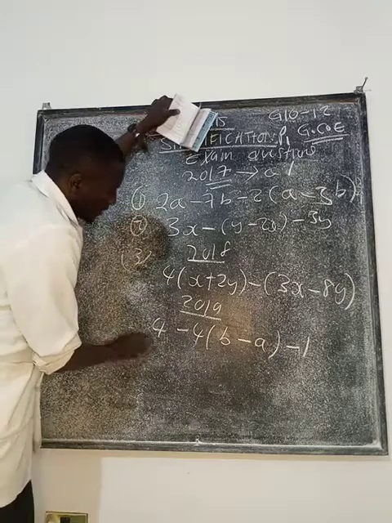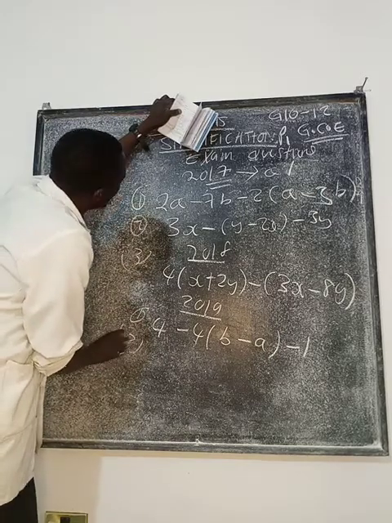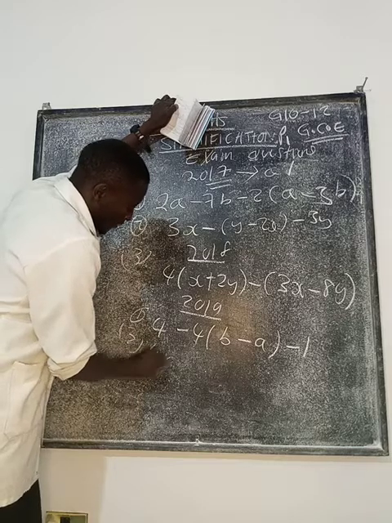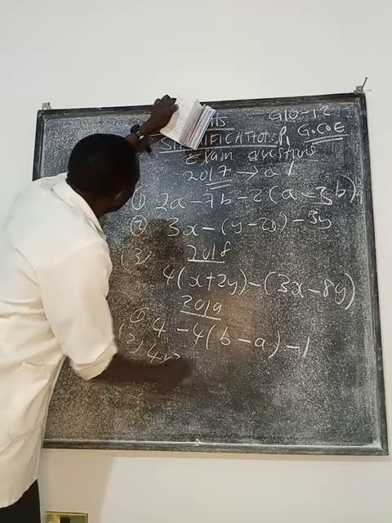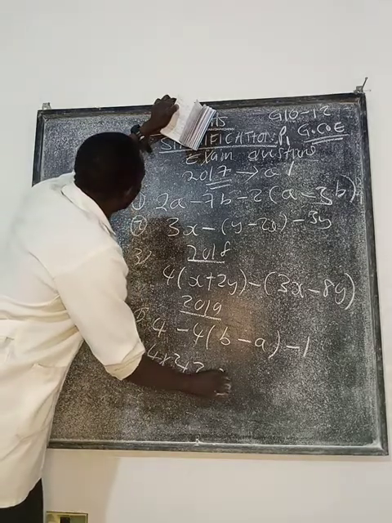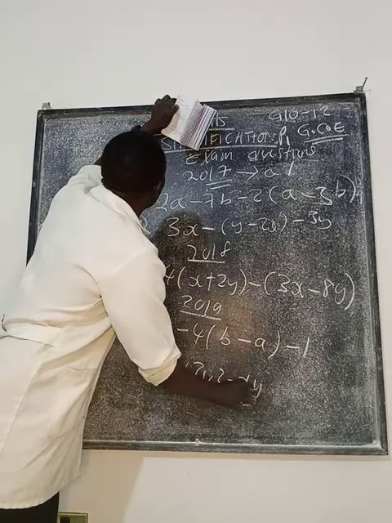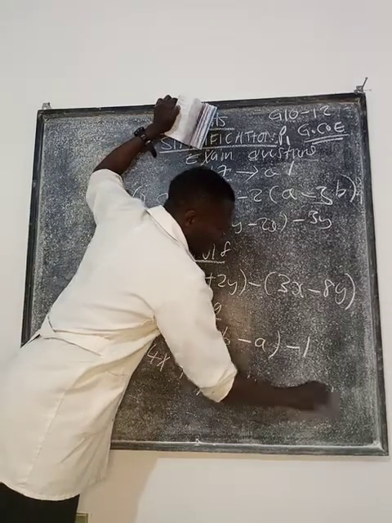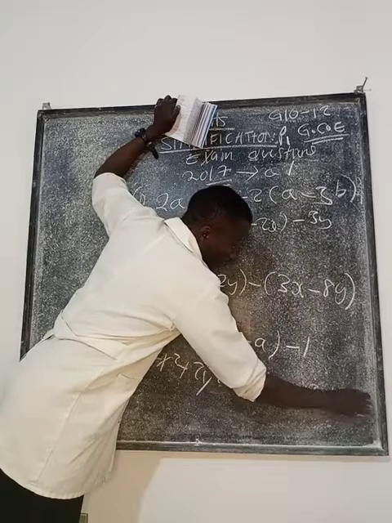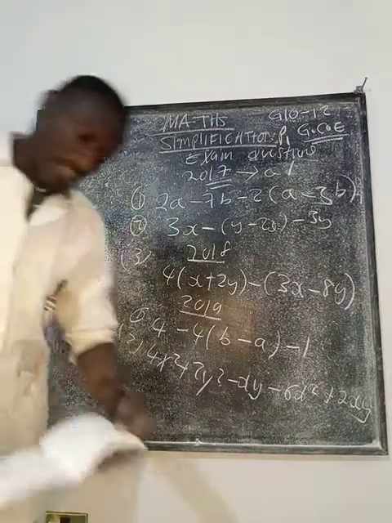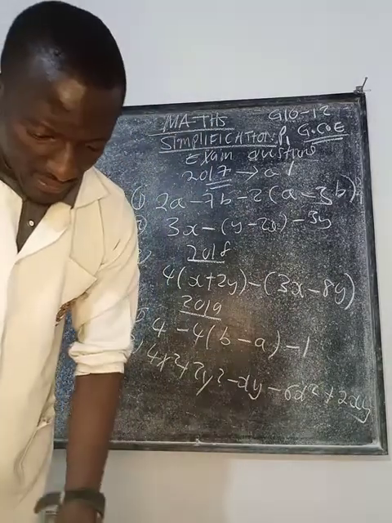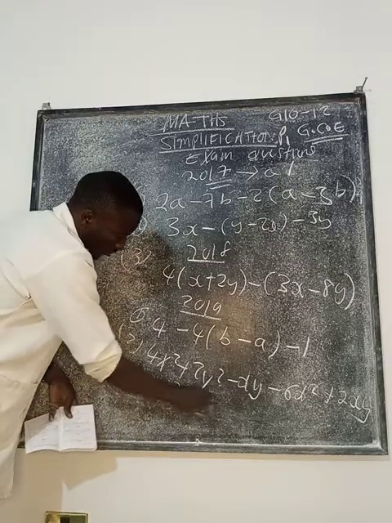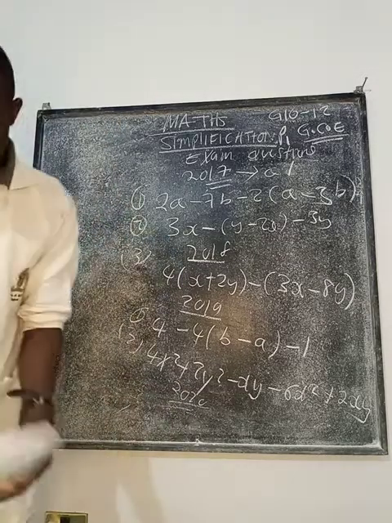Also another one in 2018. This is August. They said 4x squared plus 2y squared minus xy minus 6x squared plus 2xy. So 2020 is the rest. Yeah, just do them and see how it is. So 2020, look for others and so on and so forth.